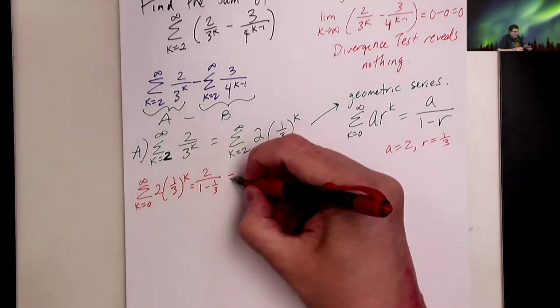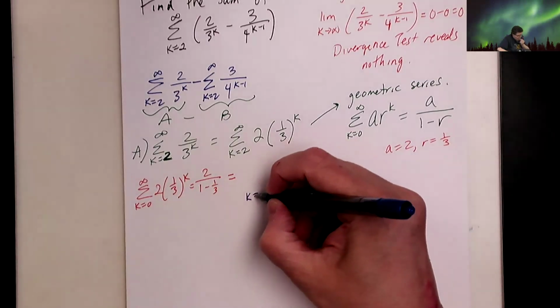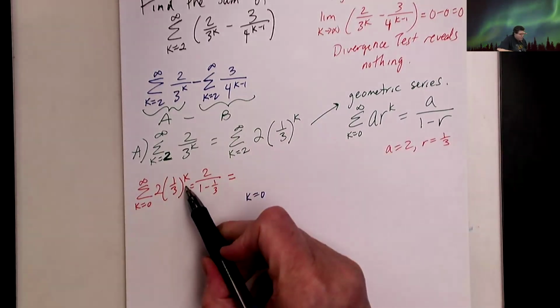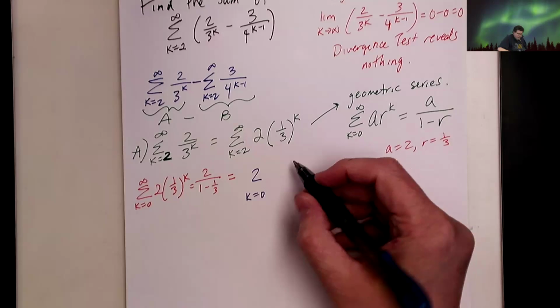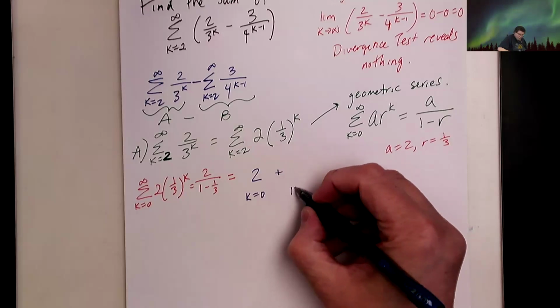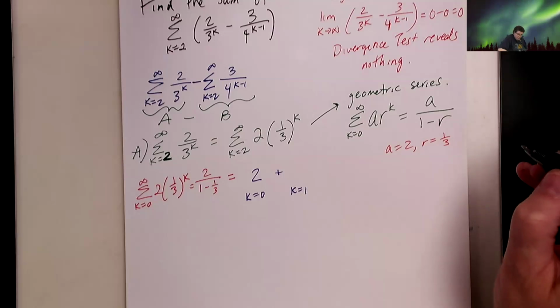But I'm also going to write it as an expanded series for a second. If I do k equals 0, 1/3 to the 0 power is 1, times 2 is 2. And then if I do the k equals 1 term, what do I get? 2/3.